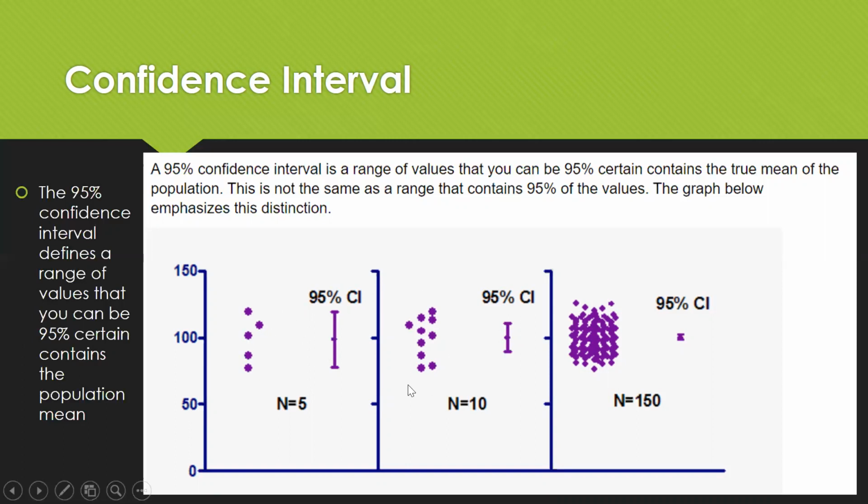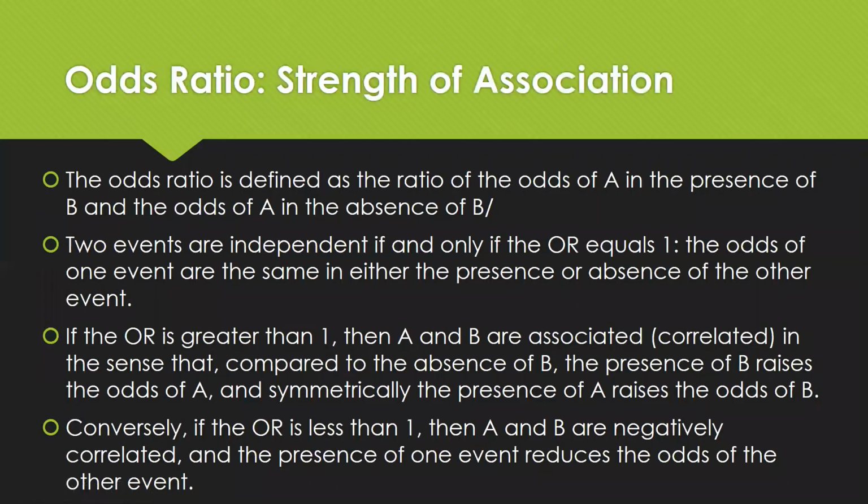As that sample size grows, our confidence interval gets smaller because we can become more confident that the true mean is found in this range. And then with a very large sample, notice the confidence interval becomes even smaller as we become increasingly confident that the population mean falls in that range. So that is how you interpret a confidence interval.